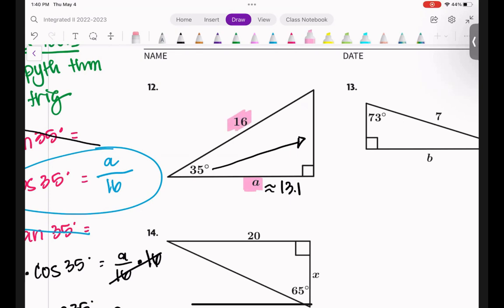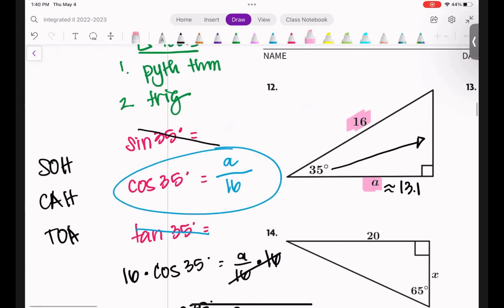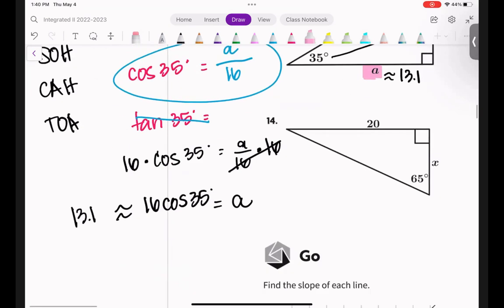So adjacent and hypotenuse. Which one of those functions is adjacent and hypotenuse? Oh, that's cosine. So then you'd write cosine of 35 equals A over 16 and then solve. But if you're not there, your helper is to write all of them down, figure out which one works, and then solve like normal.